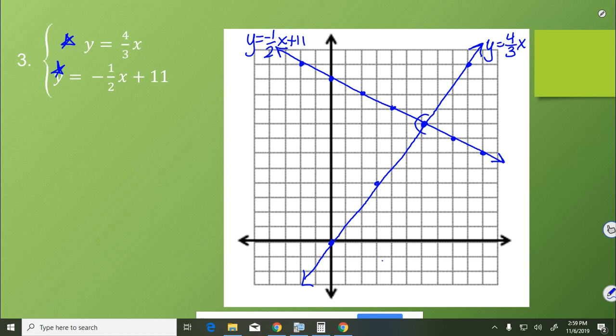So here again, we have one solution, which is going to be 6, 8.